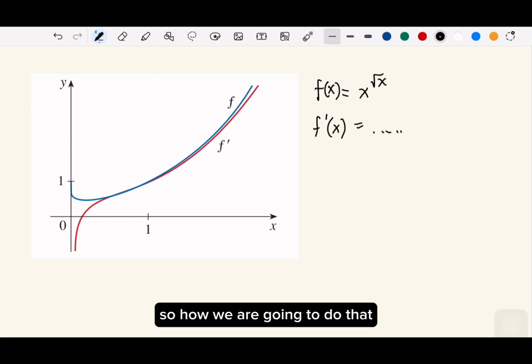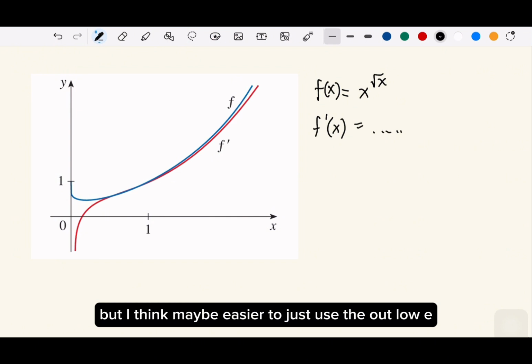So how are we going to do that? We take the log of each side, ln or log. But I think it's easier to just use ln, log e.